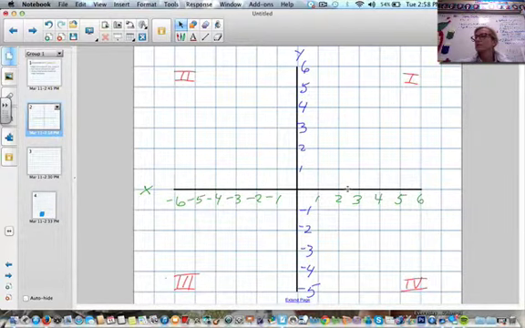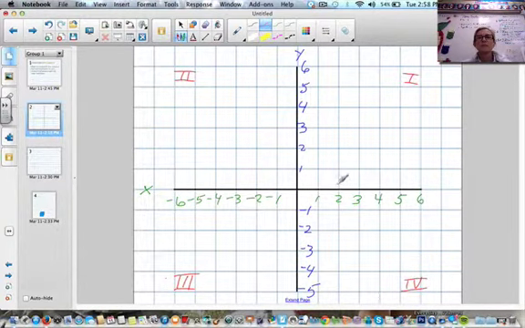I can also say that this spot right here, 2, is opposite of this spot right here, negative 2.